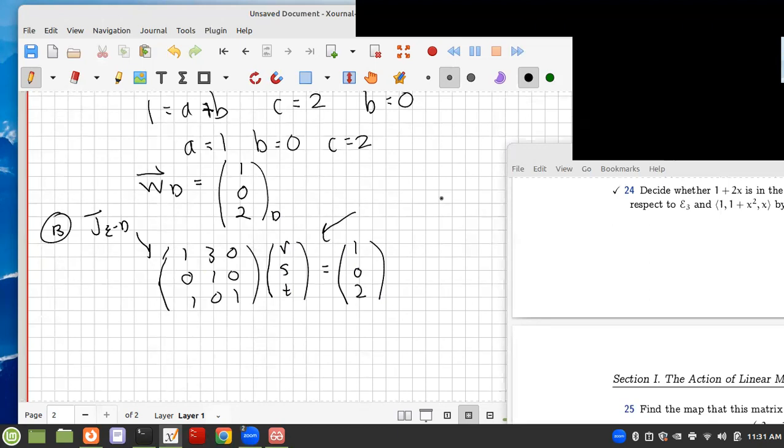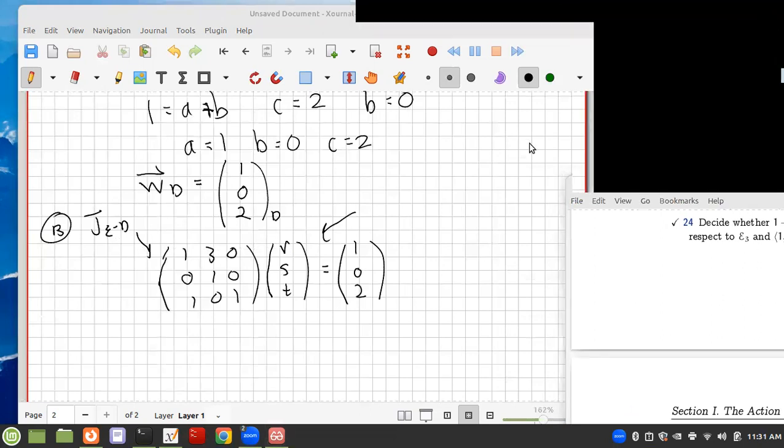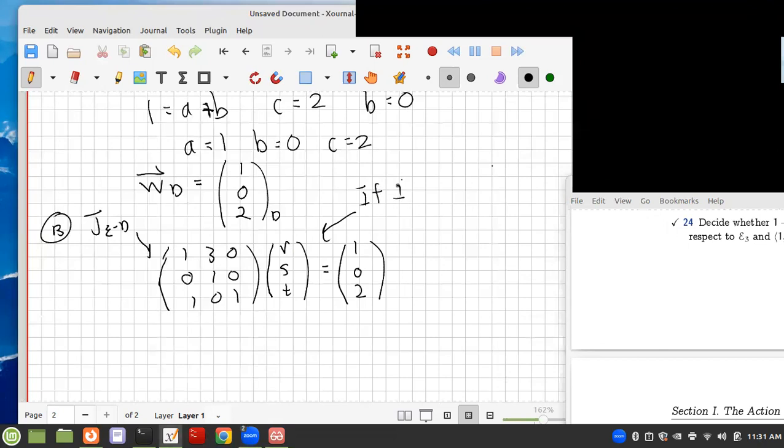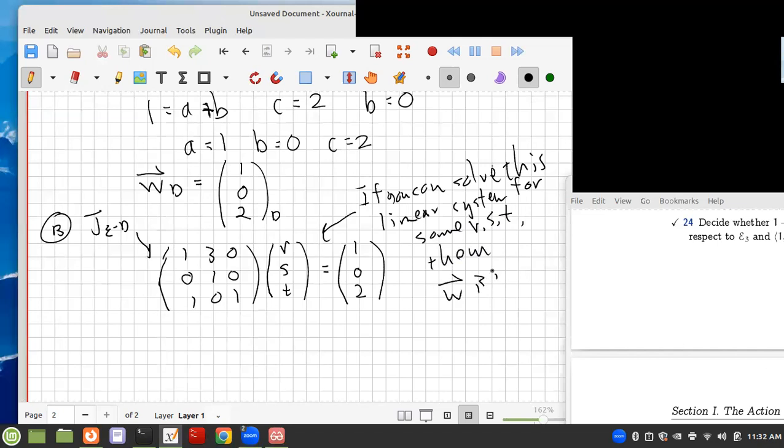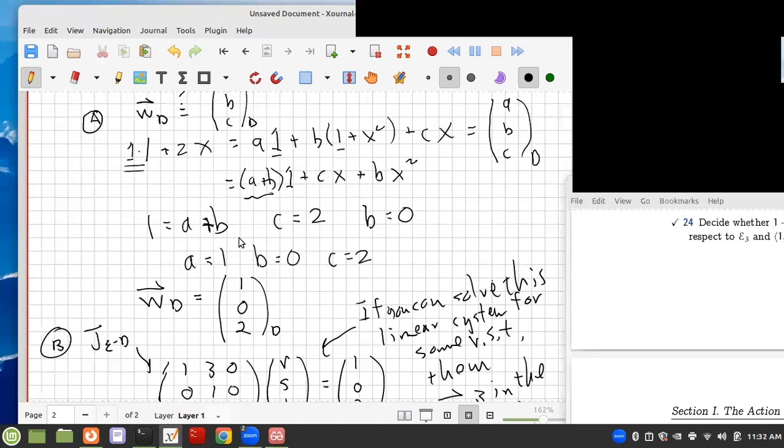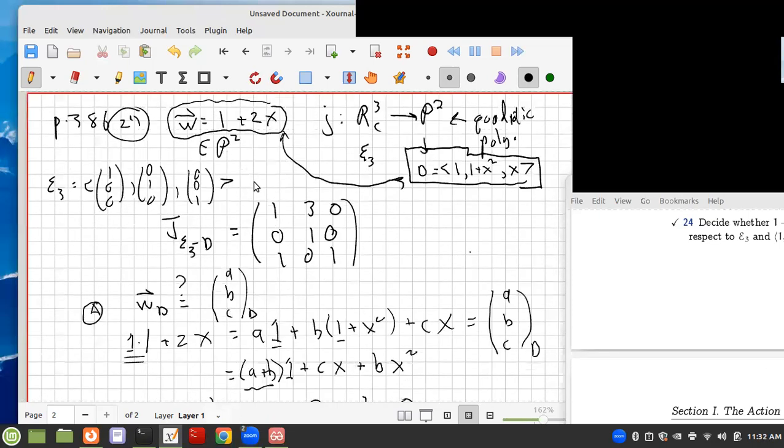If you can solve this linear system for some r, s, and t, then W is in the range of the map J. So the first bit of this problem is discovering which linear system you have to solve, right?